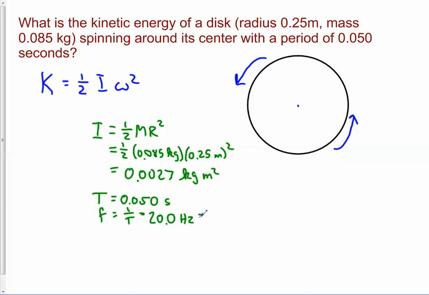Okay, and hertz is really revolutions per second, or rotations per second, and 1 revolution is 2 pi radians, so we can multiply by 2 pi to get 126 radians per second.